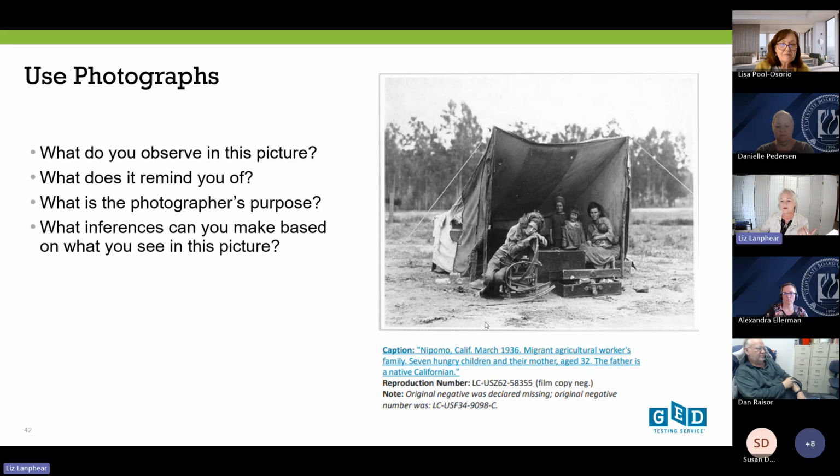You could tell that this is a family that is not doing well. They look tired and hungry, and they have no shelter, probably don't have food, all of those things. So help them to just take time to think about the scenario of what's going on.